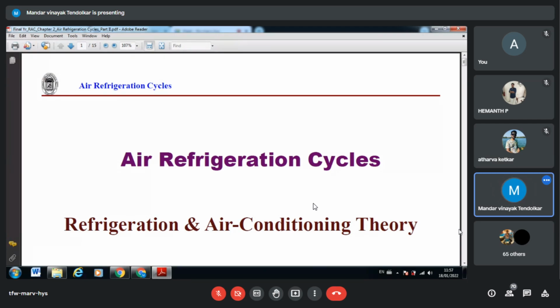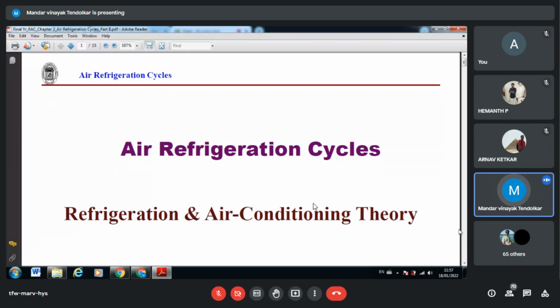Any doubt to anyone? I'm making it clear at this moment only. No, sir, no doubts. Don't ask me the question, where did this come from? Compressor volumetric efficiency. If I set a similar question in the MST, because you know it.